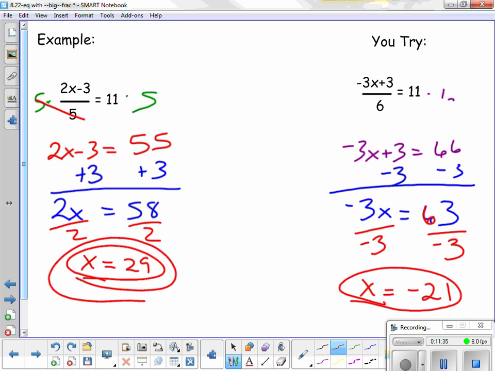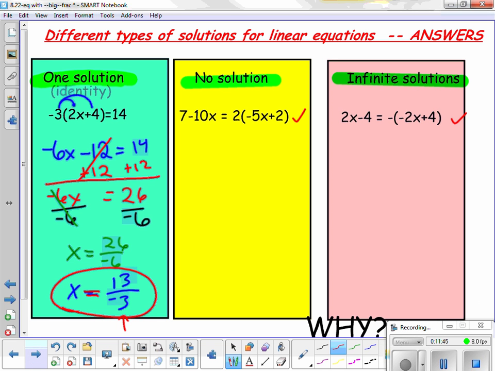And that number that x equals is called the solution. x equals, that's your answer or your solution. So solution is just another way of saying answer. So my one answer for this problem is x equals 13 over negative 3. That's why there is one solution.